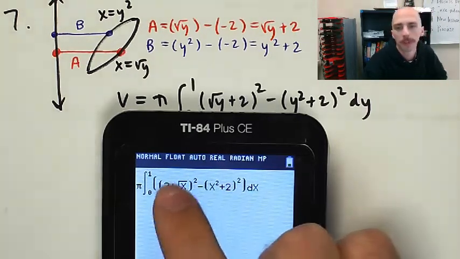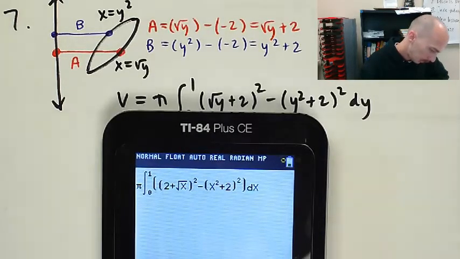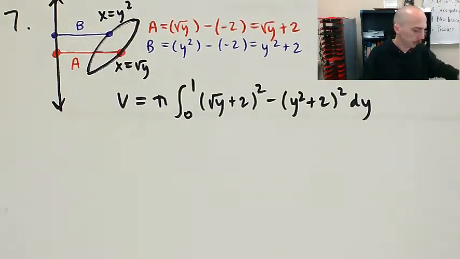The reason I put the 2 in the front is just so I didn't have to worry about the 2 going underneath the radical. 5.131. Great.